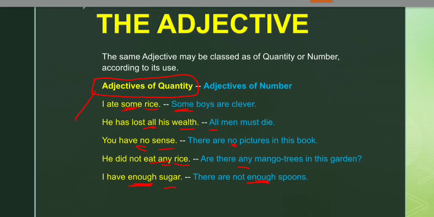So we may say that the adjective of quantity refers to or qualifies uncountable nouns, rather than countable, and adjectives of number describe or modify nouns that are countable.